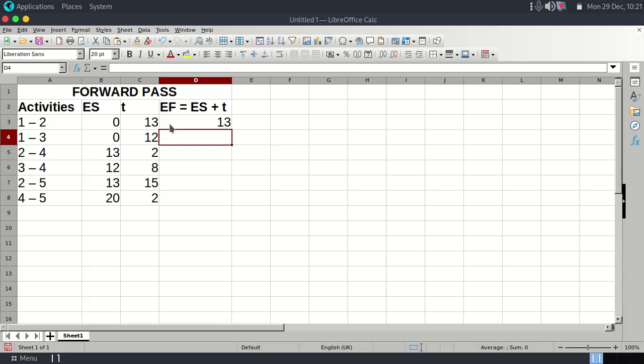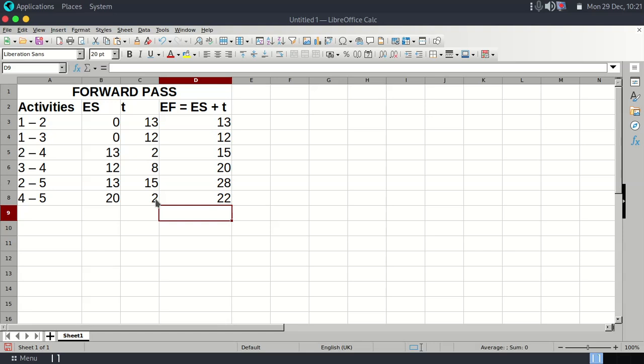That's our earliest finish time. 0 plus 12, the answer is 12. 13 plus 2, the answer is 15. 12 plus 8, the answer is 20. 13 plus 15, the answer is 28. Then 20 plus 2, the answer is 22. So these are the values which we are getting in the forward pass.